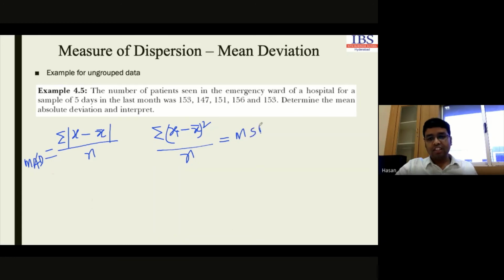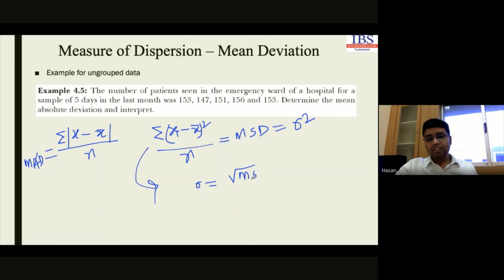Now if we take the square root of this, which is otherwise denoted by sigma, that is, sigma squared is the variance, then sigma will be the square root of the mean squared deviation.